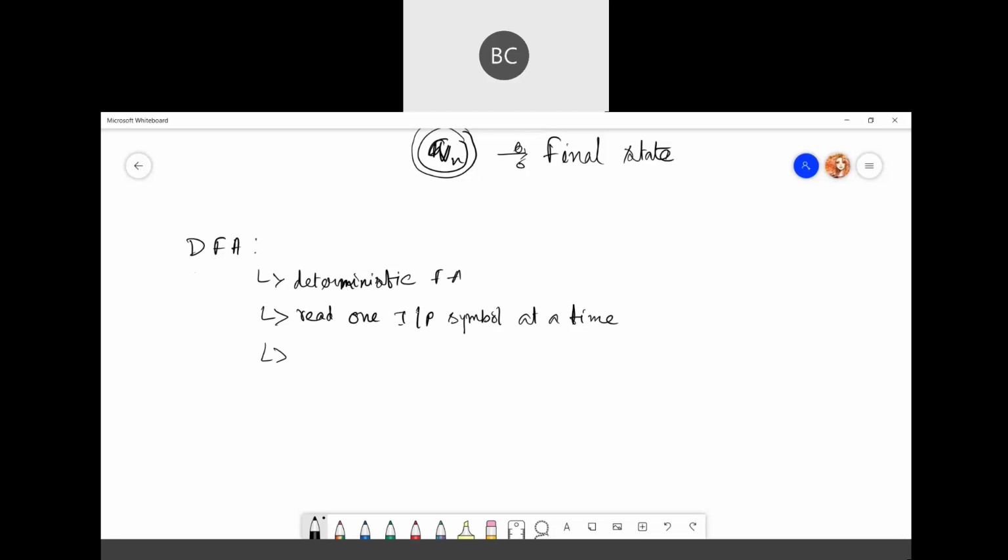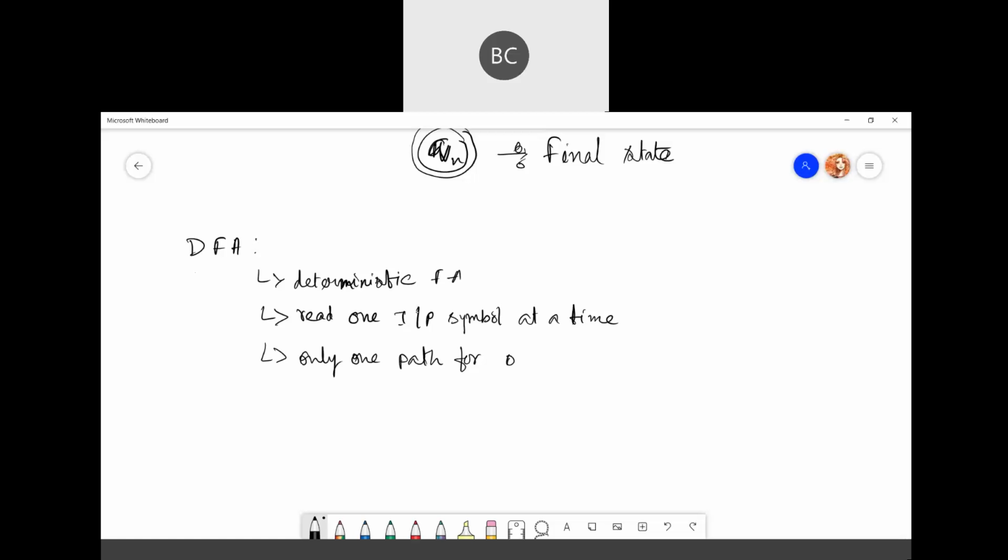It will just read one symbol and move to the next state. So if there are two symbols, for every symbol there will be one step.